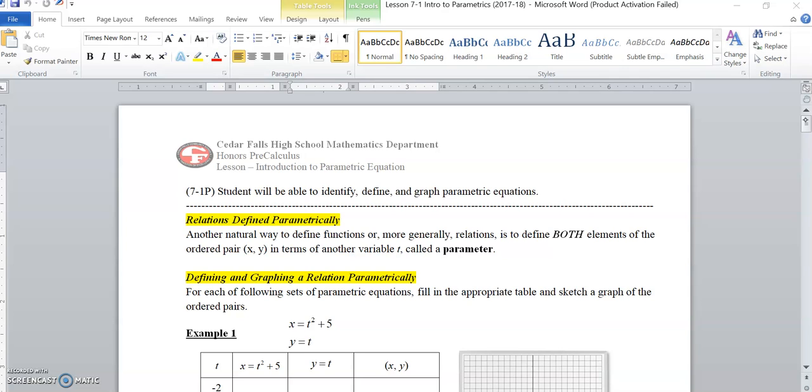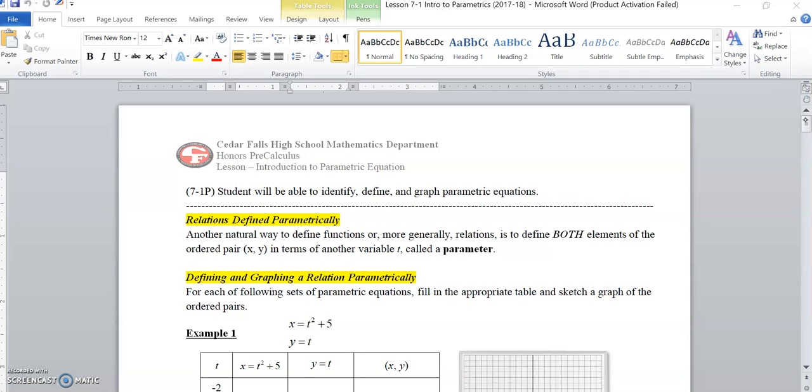And how that works is, in projectile motion, if you look at a graph of the position of an object that has been thrown, you can see that over time the position in the x direction is changing, but it's changing with respect to time.